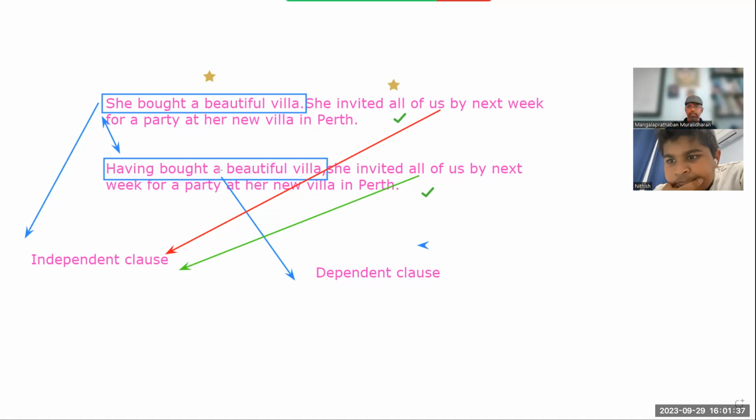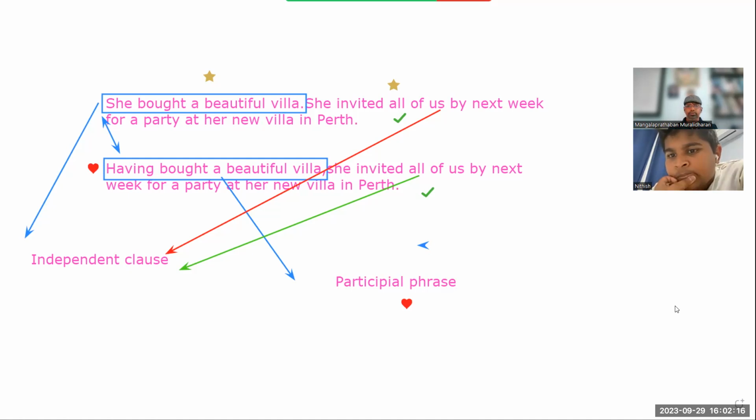Who bought it? She bought it. But some grammarians would prefer to call this a participial phrase. So I'll just write the terminology for you. Participial phrase. That's what some grammarians call them.